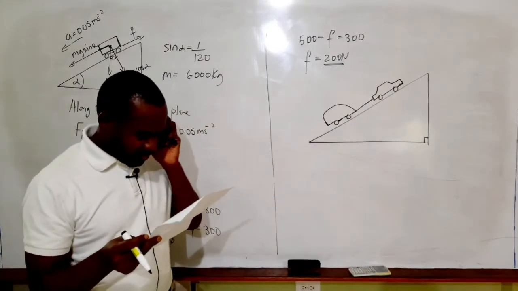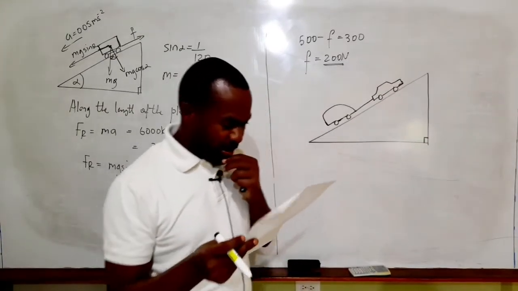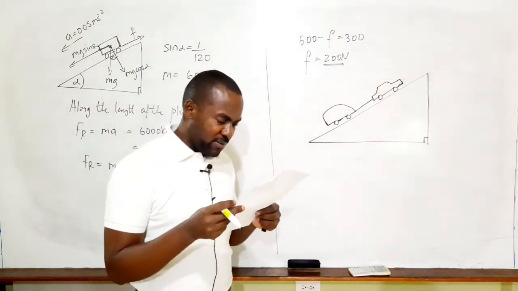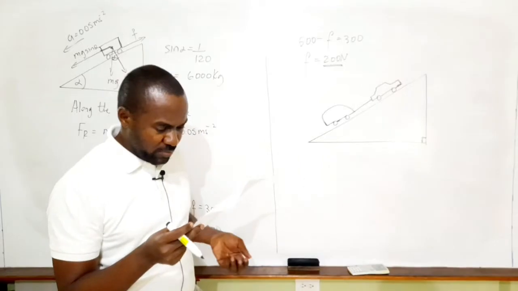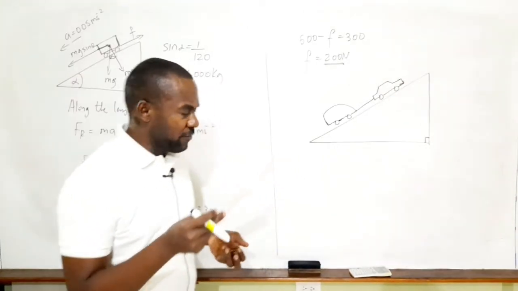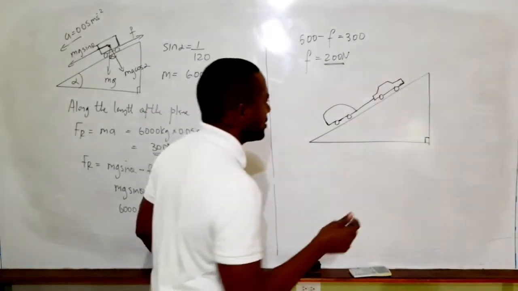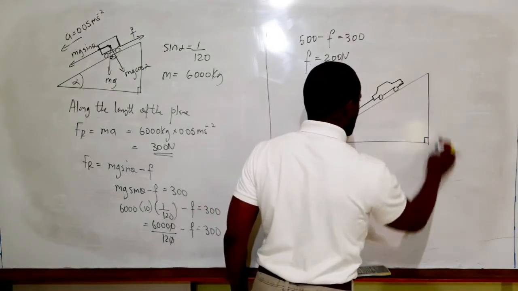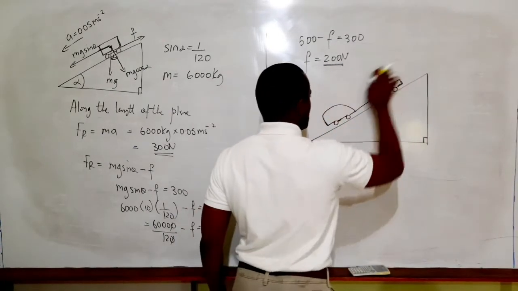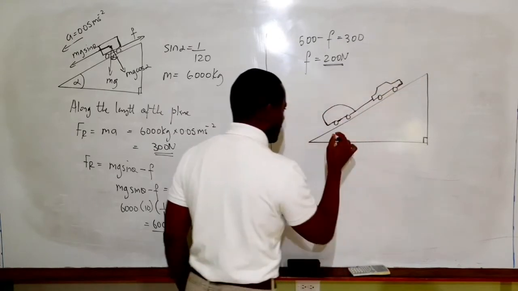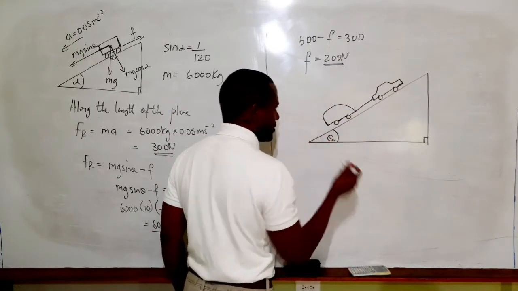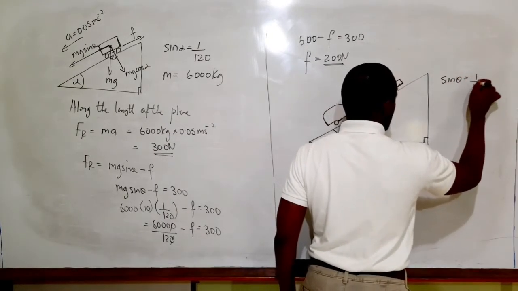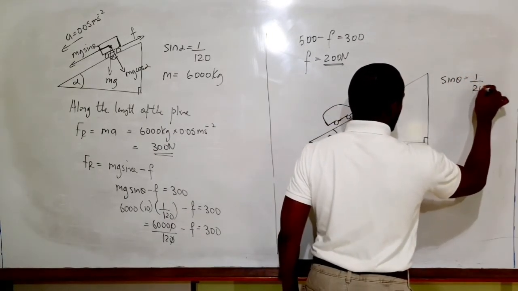Right? So what are we told? A car of mass 1,000 kilograms tows a caravan of mass 600 kilograms up a road that rises 1 meter for every 20 meters of its length. So if this is our angle theta, it would follow that sine theta is equal to 1 over 20.